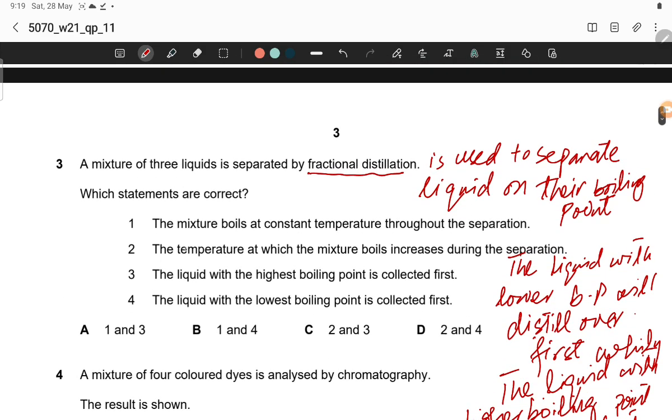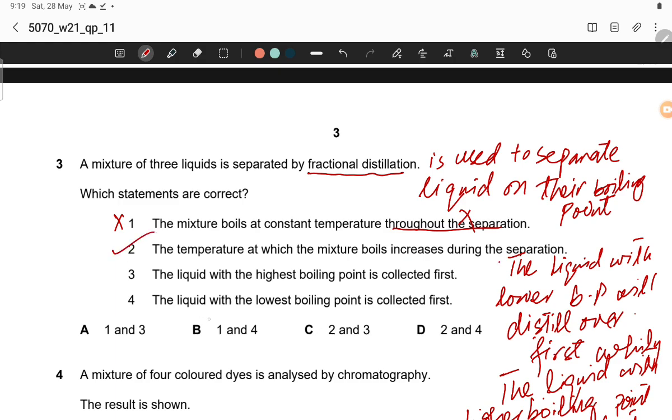The mixture boils at constant temperature throughout the separation. No, this is not correct, so this is incorrect. The temperature at which the mixture boils increases during the separation.